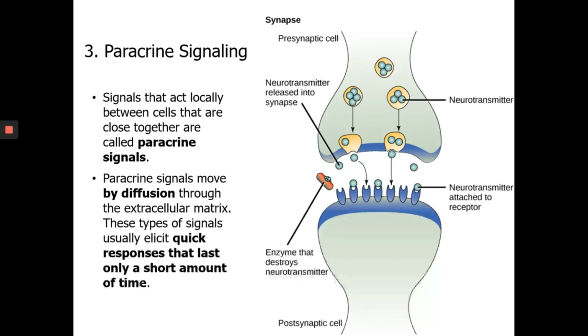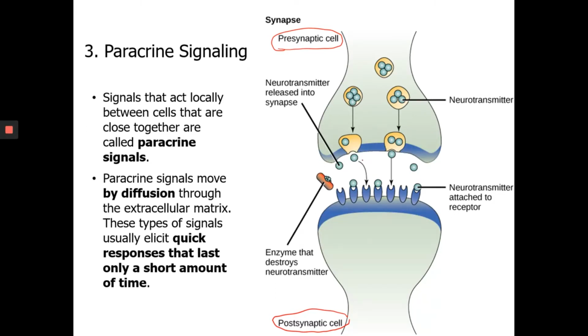The first cell is called a presynaptic cell. So that's the cell that's going to release the signals, release ligands, and then the receiving cell is going to be called a postsynaptic cell. So this cell is the target cell that receives the ligands.